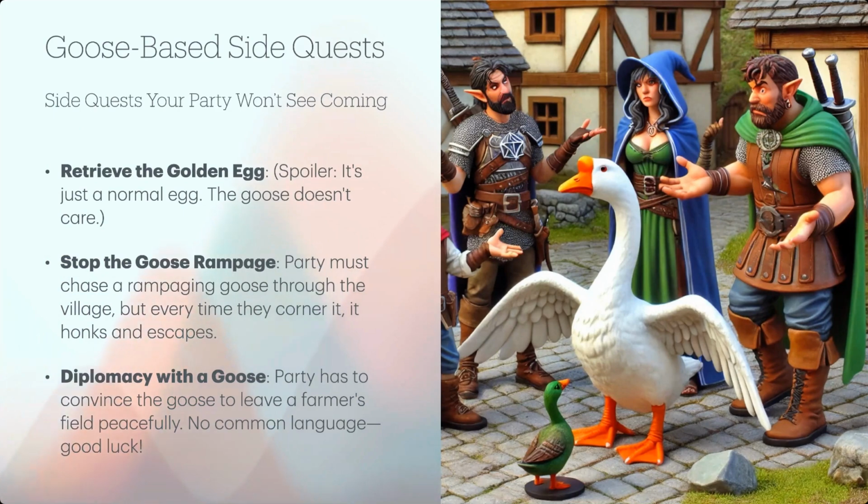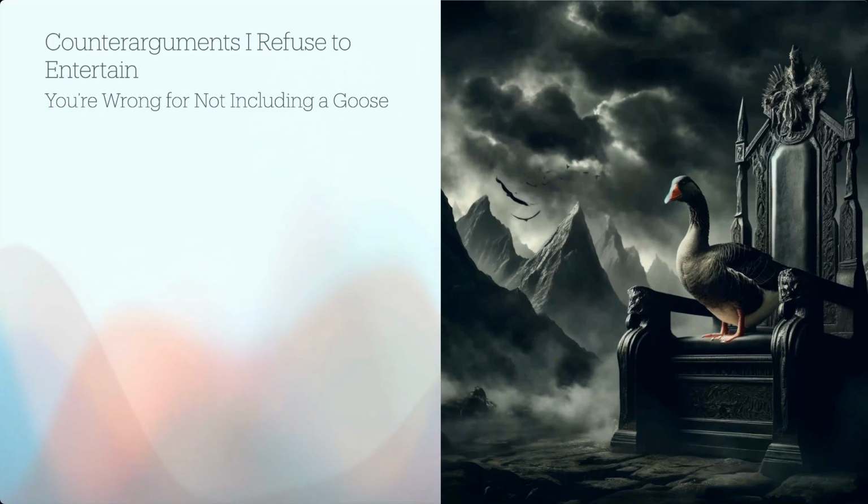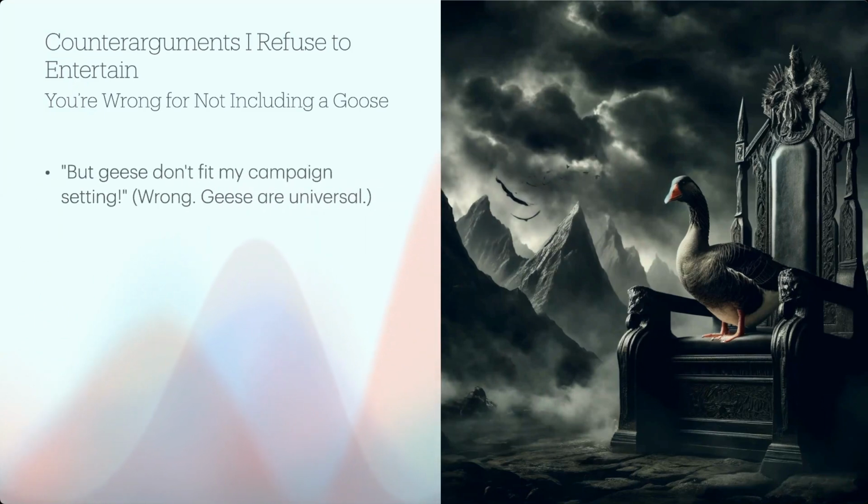So these are the main counter-arguments that I hear a lot about this, and I'm very, very passionate about it, and I refuse to entertain them. You are just simply wrong for not including a goose in your campaign, and here's some of those ridiculous counter-arguments that I hear. Up first, but geese won't fit in my campaign. Wrong, geese are universal. My players will just kill it.